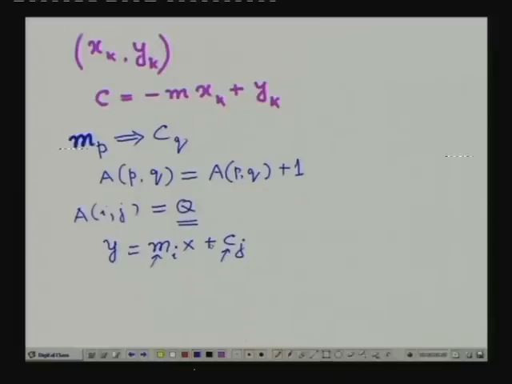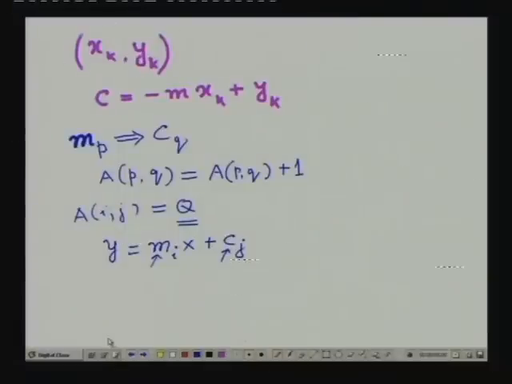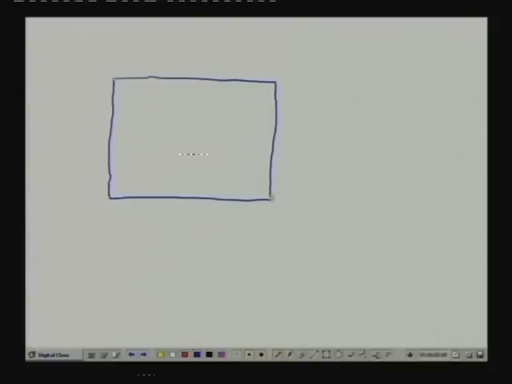Now, the question is how can we use this to detect the number of straight lines present in the spatial domain. Let us consider a case like this. Say I have an image in the spatial domain and the boundary points of this image are something like this.